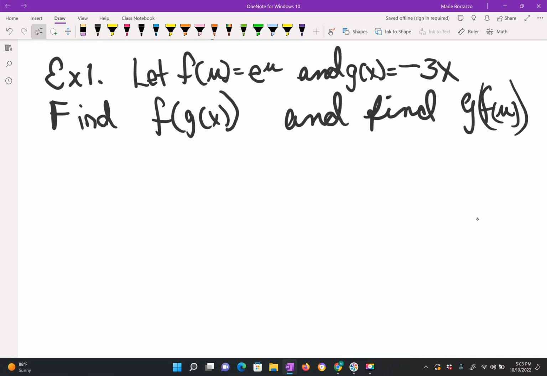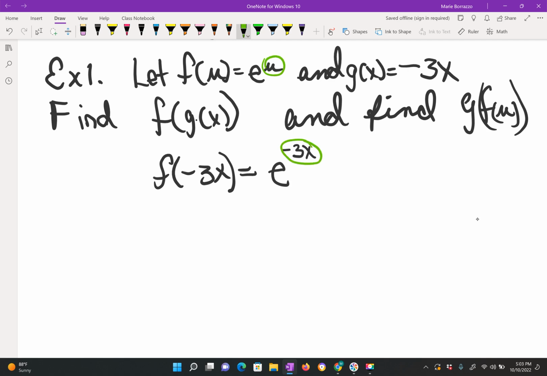If this is f of g of x, this is f of negative 3x. Instead of e to the u, this will be e raised to the negative 3x, where the u part of the function is the part we're inputting. Remember, u is right here.